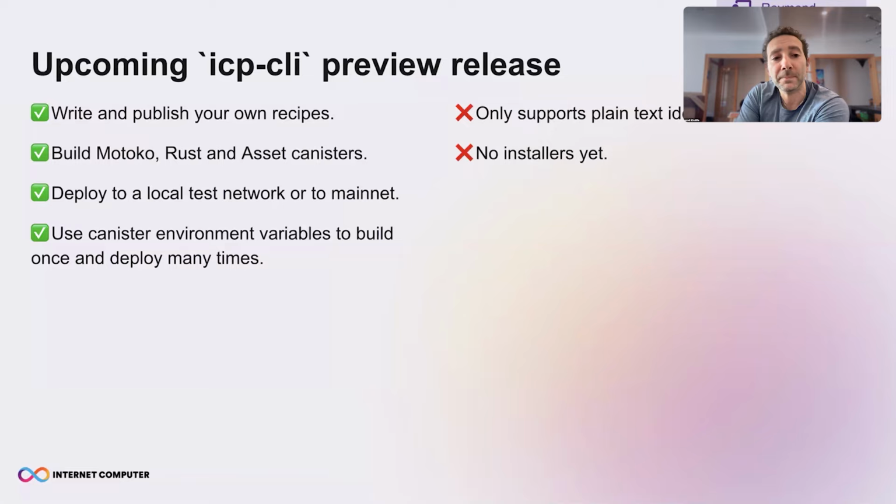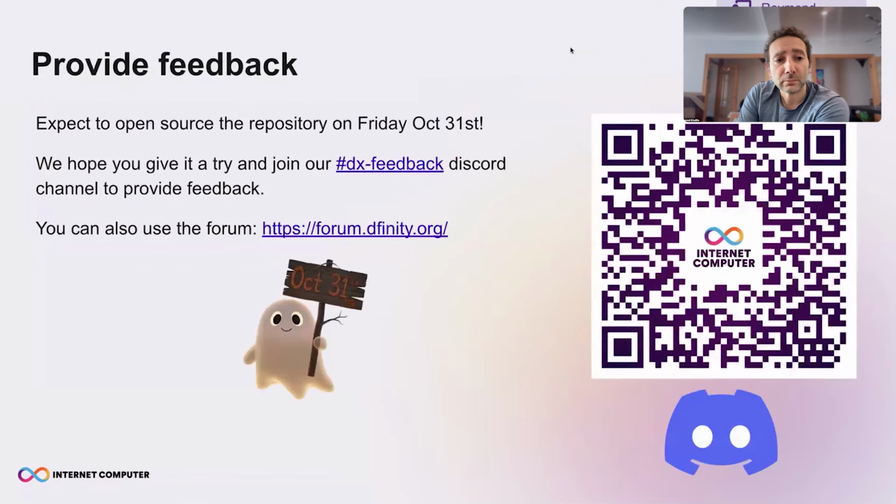We're going to be open sourcing the repository on October 31st, and we hope that you give it a try. We'll, of course, put an announcement in the forum and on the Discord channel, and I've added a link here to the Discord channel. We're looking forward to engage with you and hear your feedback directly. And that's it.